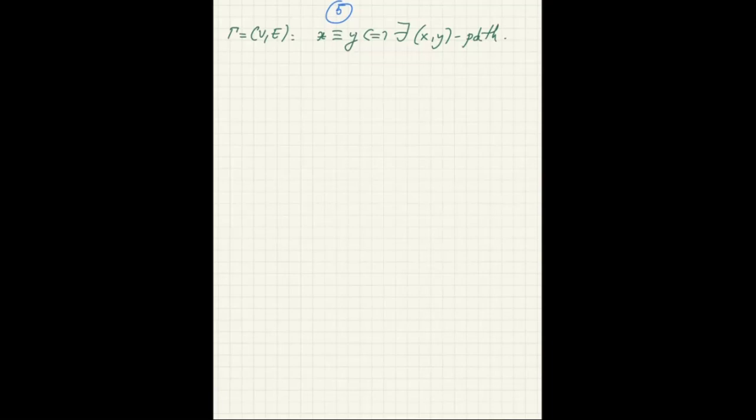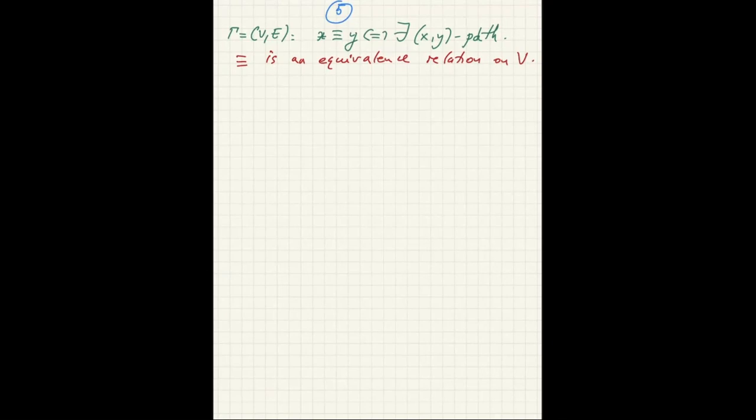So this relation is a binary relation, but it's actually an equivalence relation on the vertex set, because X is equivalent to X, since there is a path, it's just the vertex X. If X is equivalent to Y, then Y is equivalent to X. That's also easy, you just reverse the path, and I leave it as an exercise.